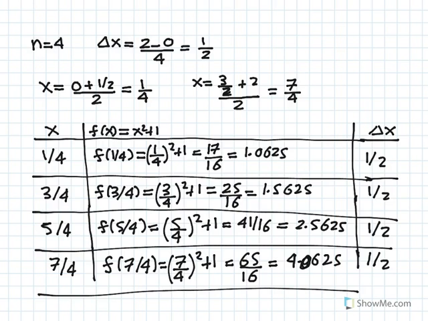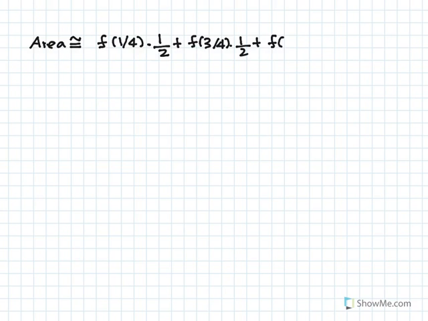All right. For the midpoint rule, we evaluate the function at the midpoint of every rectangle. So the area is going to be approximately equal to f of 1/4, the height of the first rectangle times the width, 1/2, plus f of 3/4 times 1/2, plus f of 5/4 times 1/2, plus f of 7/4 times 1/2.